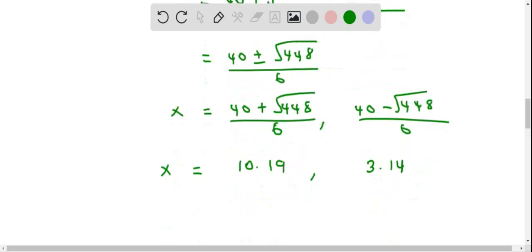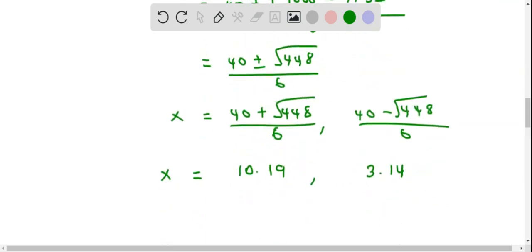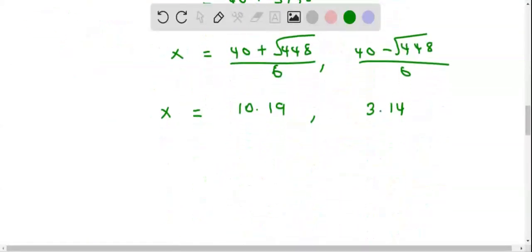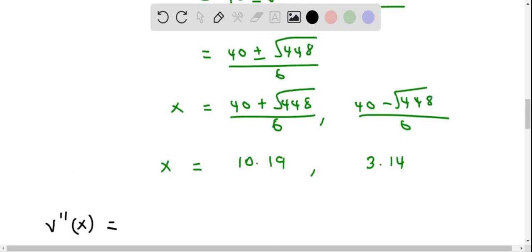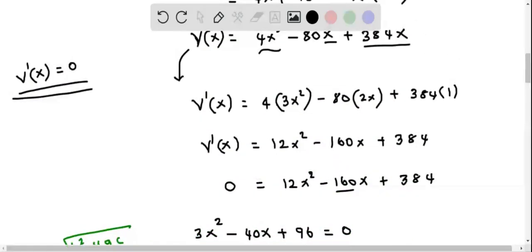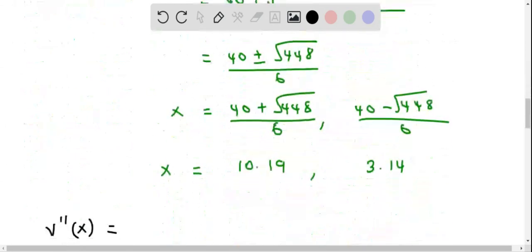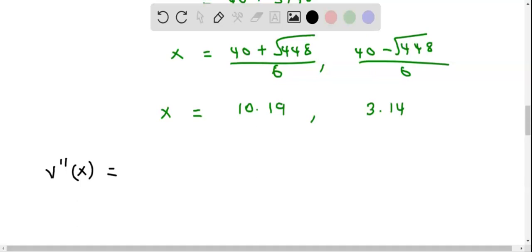Now we have to determine at which value of x the volume is maximum, and for that we can use the second derivative. So let me find the second derivative, p double prime of x. I'm going to use this expression, 12x squared minus 160x plus 384, which is the first derivative, p prime of x.